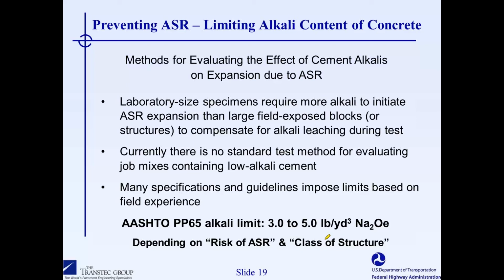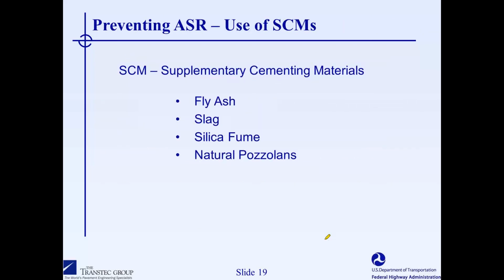We'll talk more about that later. And these limits have basically come from experience, mainly from field experience, by looking at structures that have alkali silica reaction and determining what the alkali level is in that structure. It's been possible to come up with some kind of indication of how much alkali we need to initiate alkali silica reaction in the field.